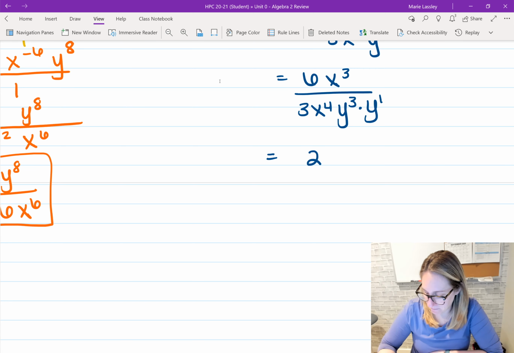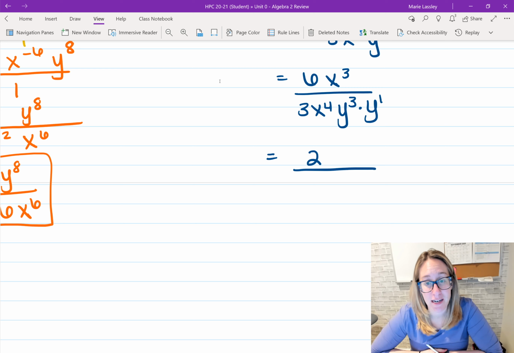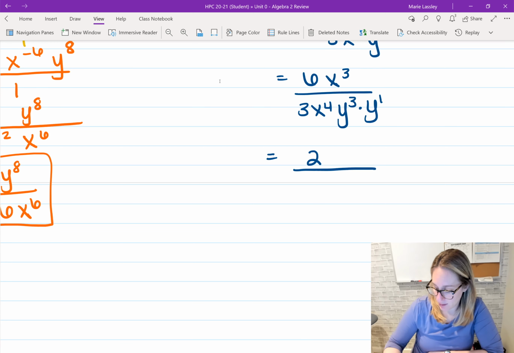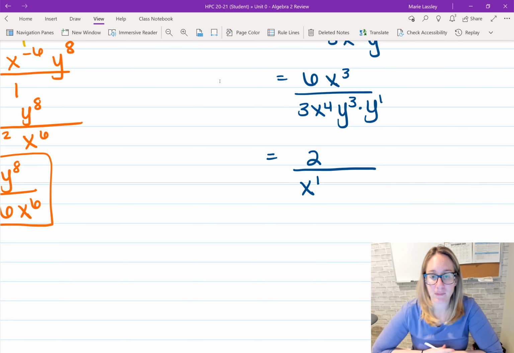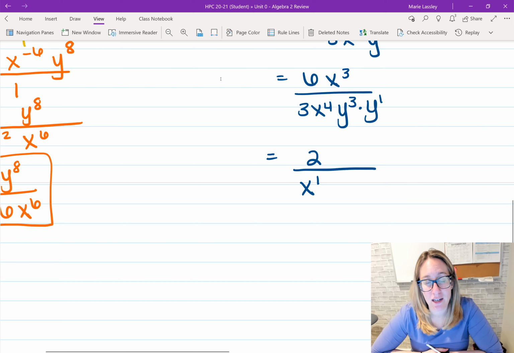Now I'm going to use my division exponent rules. So I have x cubed divided by x to the 4th. So I'm going to subtract those exponents. And since 4 is the larger number, it is going to be a positive x to the 1st on the bottom. You could do this in a couple steps.